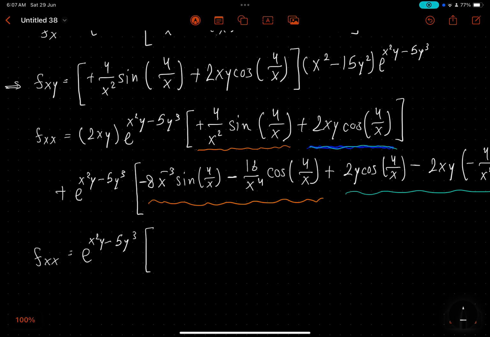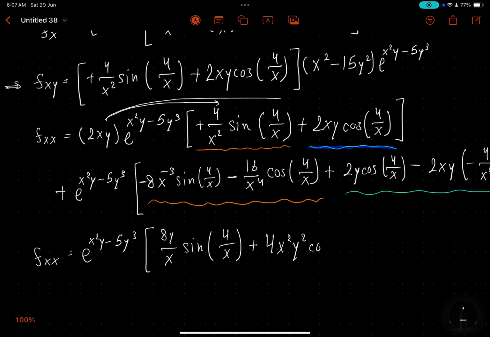So we get 8y over x sine 4 over x plus 4x squared y squared cosine. Now we're multiplying this by this and this by this. So cosine 4 over x.